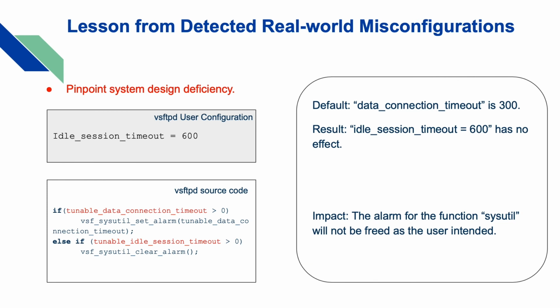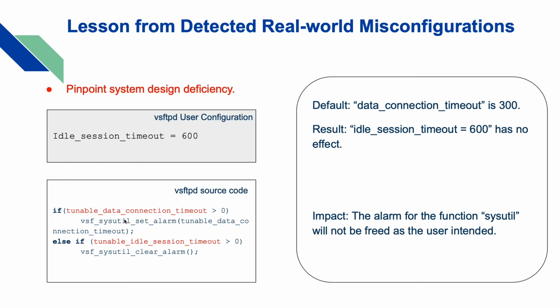It is very interesting that we can learn a lesson from our detected issues. For example, here, users specify the idle session timeout to 600, which means that this block is the intended block to be enabled, right? However, this block will never be executed in the code because the data connection timeout was preset to 300 by the system by default.